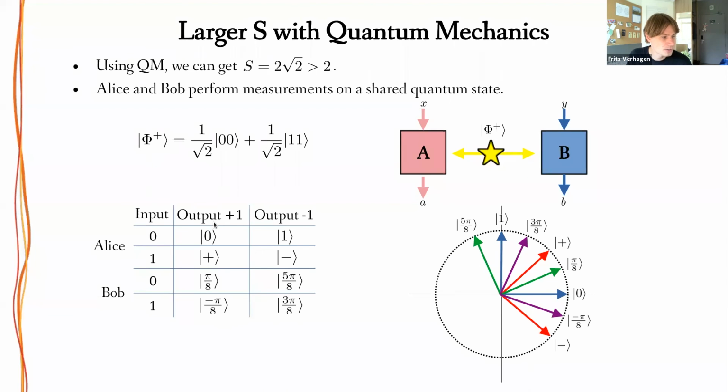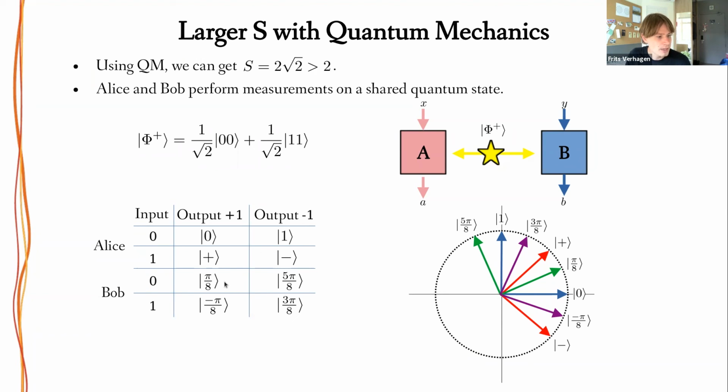So Alice, when she gets input 0, she measures in this basis, the 0, 1 basis. If she gets input 1, she measures in the plus or minus basis. Maybe you remember from Tuesday this diagram, how we can represent this basis. So 0 and 1 are just the x and y axes, and plus and minus are this red basis.